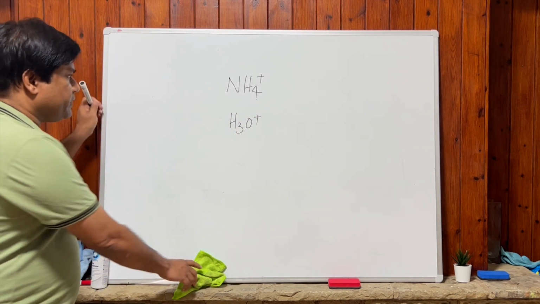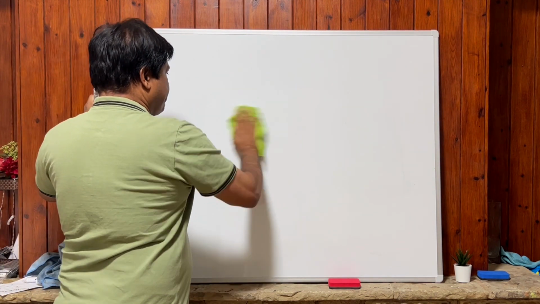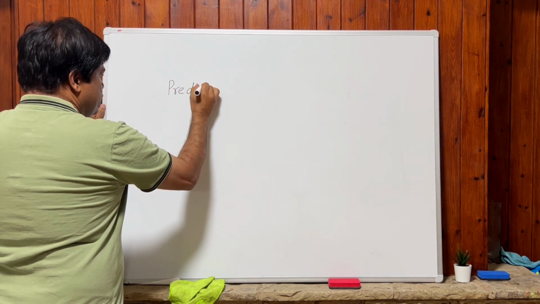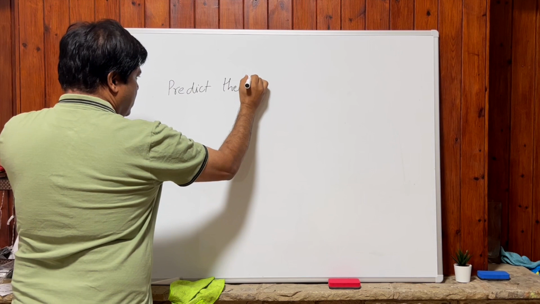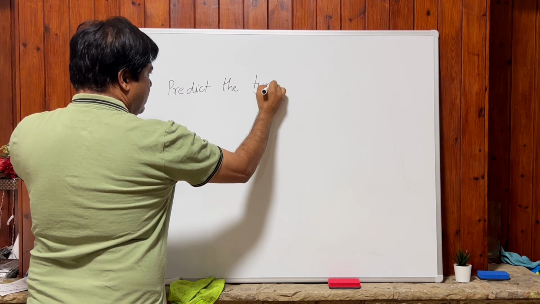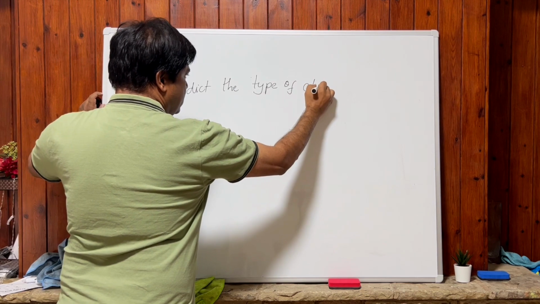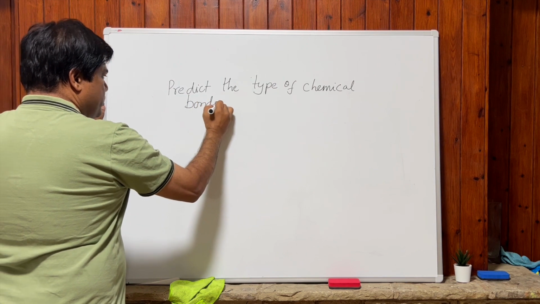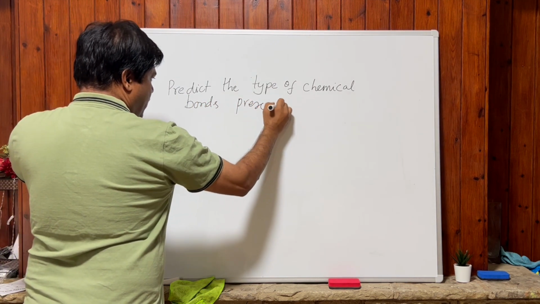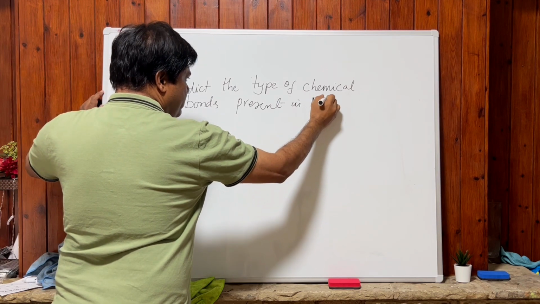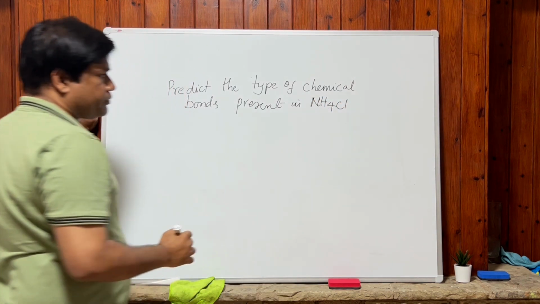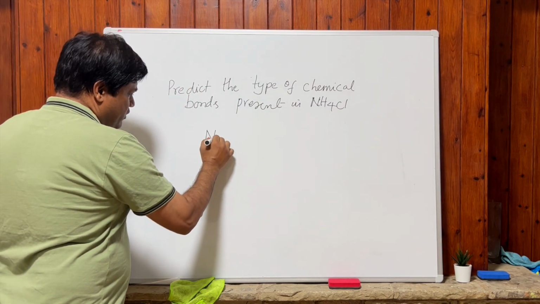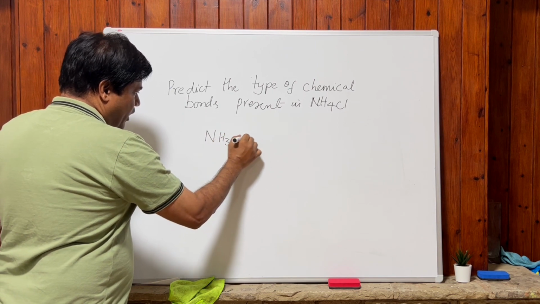Let's do one question, guys. Predict the type of chemical bond present in ammonium chloride. Any guesses? First, let's start with ammonia. Ammonia, NH3, covalent.